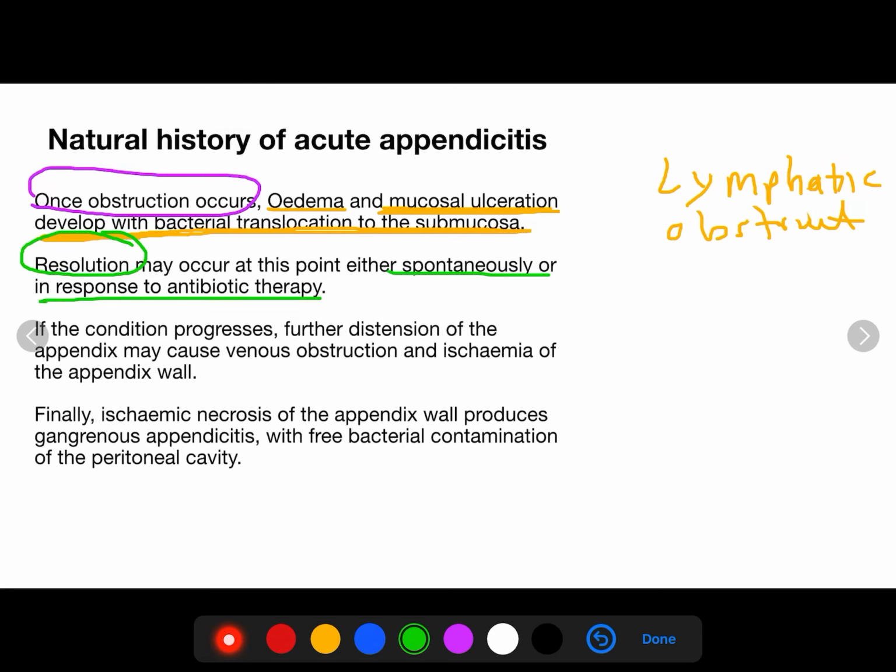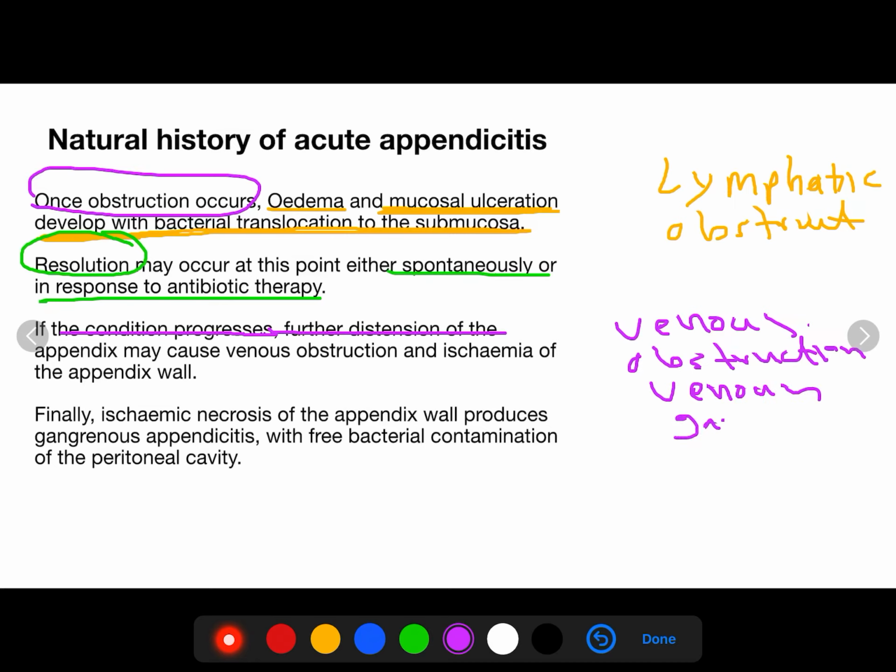If the condition progresses, إذا not relieve the obstruction، راح يصير further distension، راح يؤدي إلى obstruction إلى الفينوس. هسه obstruction كان أول شيء lymphatic، بعدين الobstruction زاد فيقوم يضغط بعد على الvenules، فيتجمع الدم أكثر بالابندكس. يعني يدخل الارتري بس ما يرجع عن طريق الفين نهائيا ولا عن طريق الليمفاتيكس، فيدخل الblood supply أكثر بس venous retention، فيؤدي إلى ischemia of the appendicular wall.